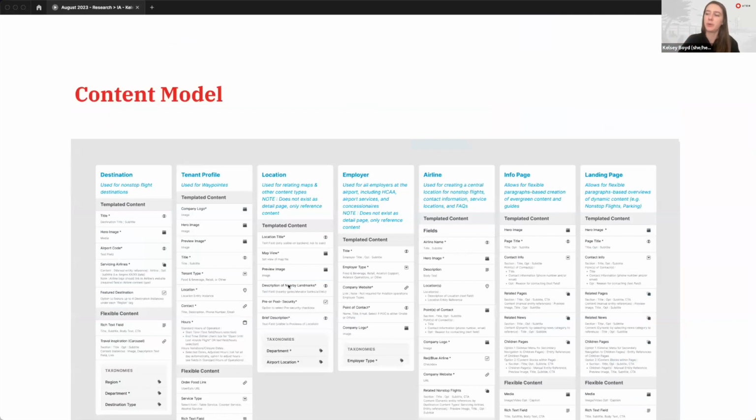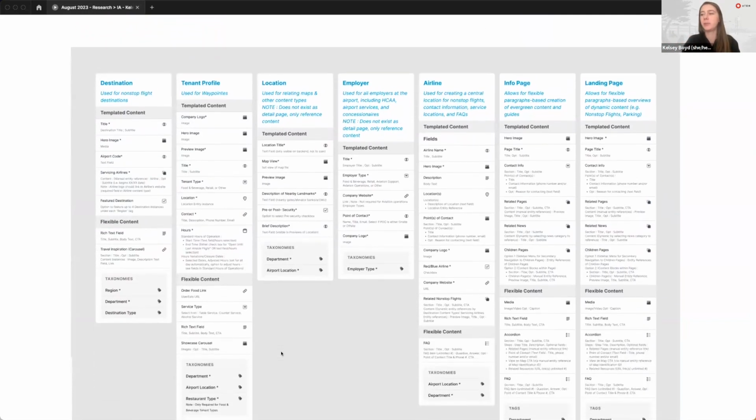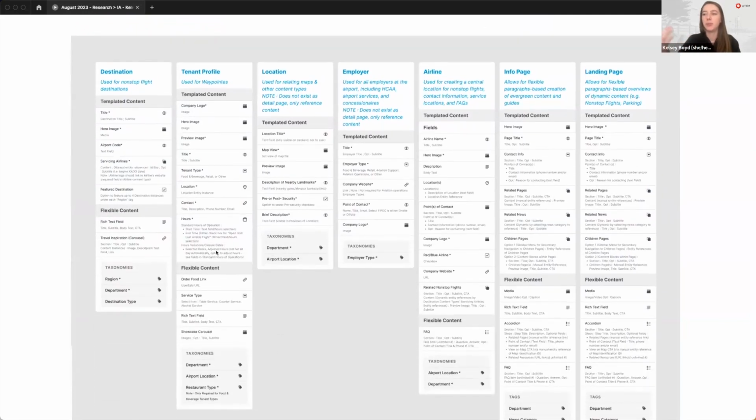From there, we start to break down all the different fields that we review into what we call a content model. So really looking at both the templated content that is very clearly laid out and fixed in place on the page, things like a point of contact and always having a designated location on the page for that. But we're also looking at some of the more flexible content for different types of page templates that might give more flexibility to users.